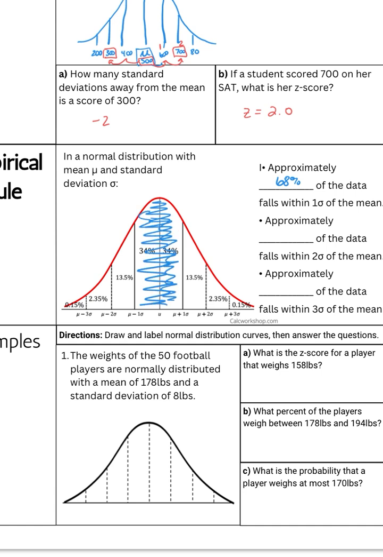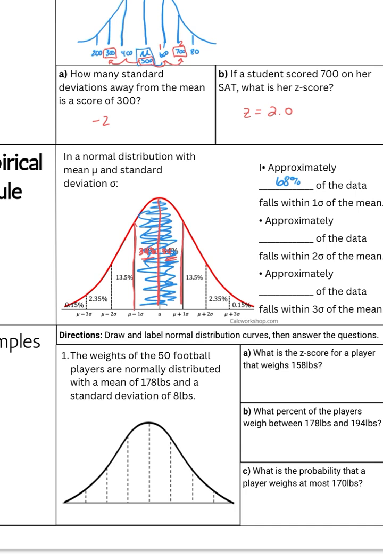So that can be one standard deviation above or one standard deviation below. And you'll notice that we've broken this in half. So 34% of the data is below, and then 34% is above. But if you add those together, you get 68%. So 68% is within one standard deviation of the mean.